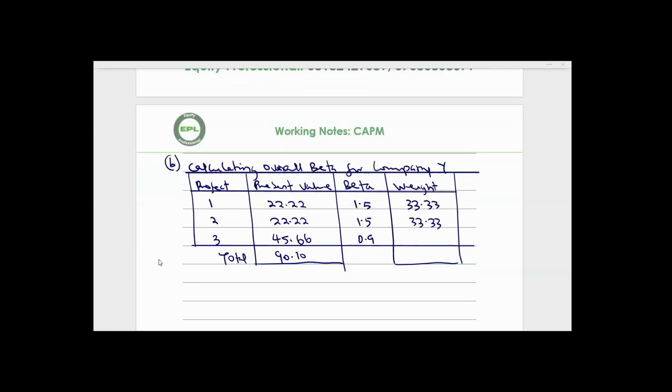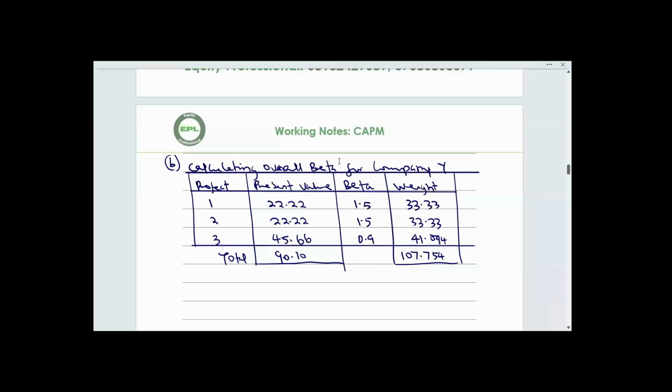That's 41.09. So you then add it up. Plus 66.66 equals 107.754. All right.